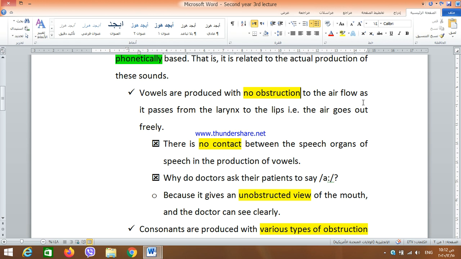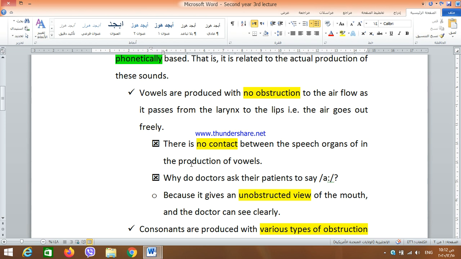The airflow, when it is pushed from the lungs through the larynx to go out through the oral cavity, we don't feel that the air is obstructed, which means there is no contact between the speech organs in the production of vowels.